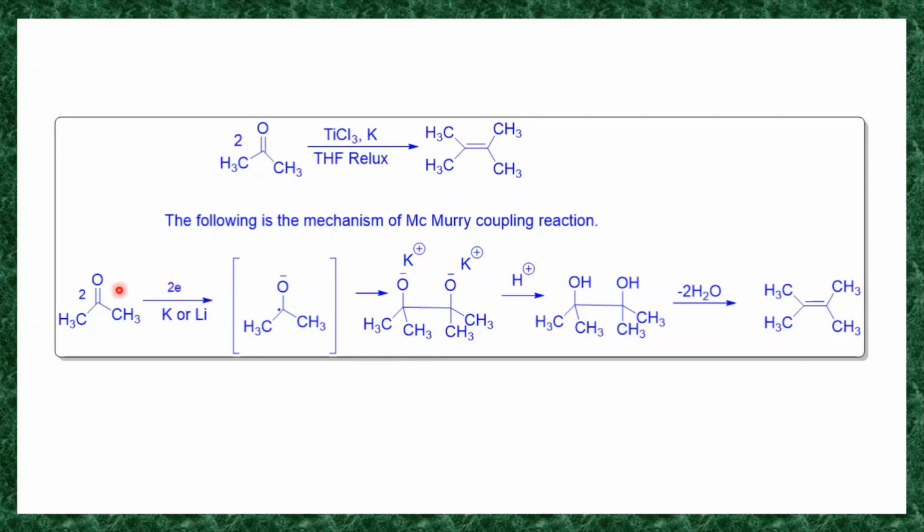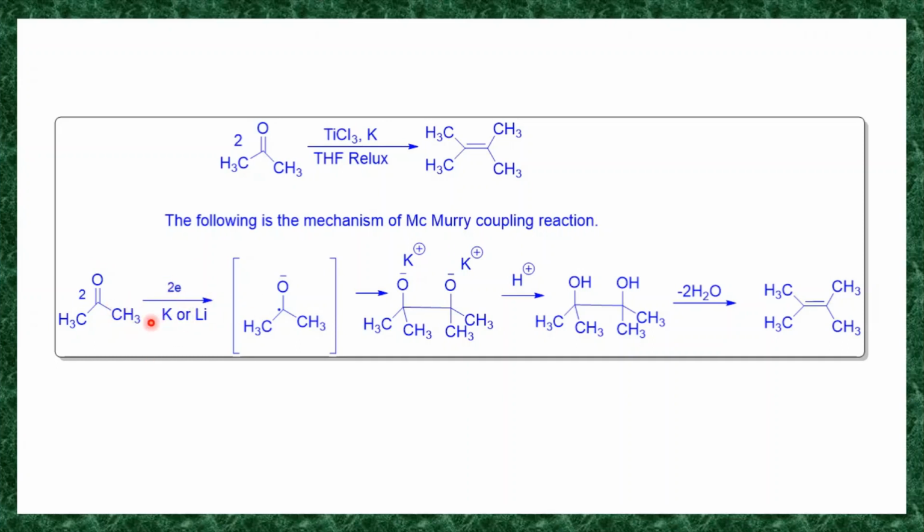That electron attacks the carbonyl carbon of acetone, the pi bond breaks, and the bond pair shifts onto oxygen. So there is a negative charge on oxygen, and it generates a radical anion.